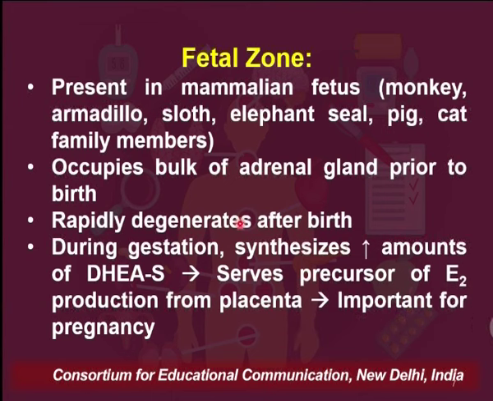So during gestation period, this fetal zone helps in the synthesis of large amounts of DHEA sulfate, which is dihydroepiandrosterone sulfate. This is a very important androgen which serves as a precursor for estradiol hormone, and hence the pregnancy is maintained. Worthy to mention that if there is any issue with the production of this precursor DHEA sulfate, under that scenario the abortion takes place.